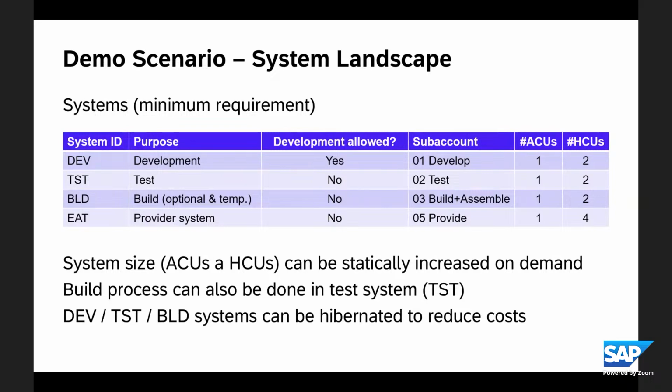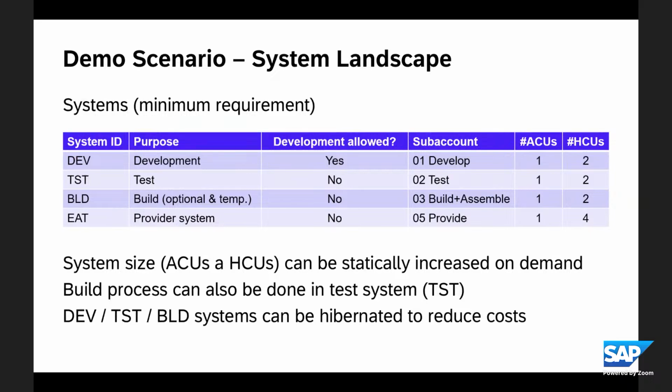In my example, I configured the build process so that we are creating a separate build system for the build itself. So therefore, we need another system, which is BLD, but it's also possible to use the test system.